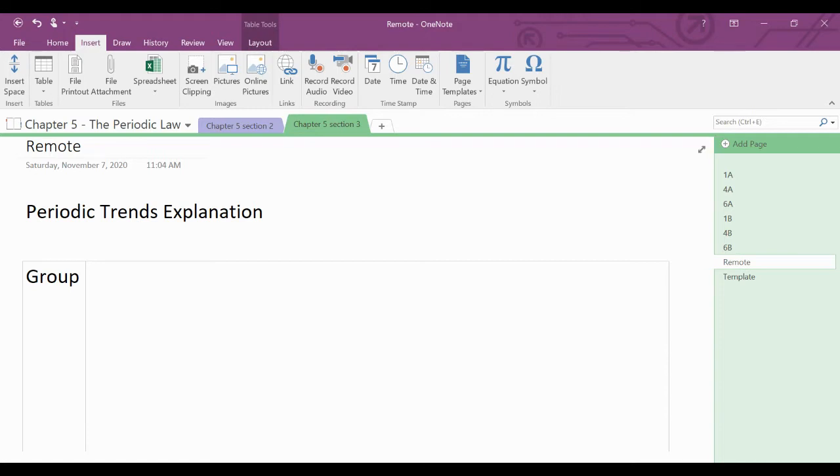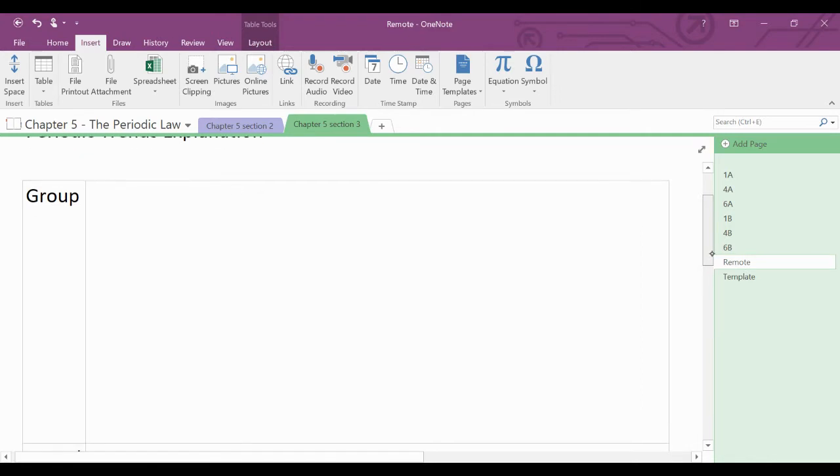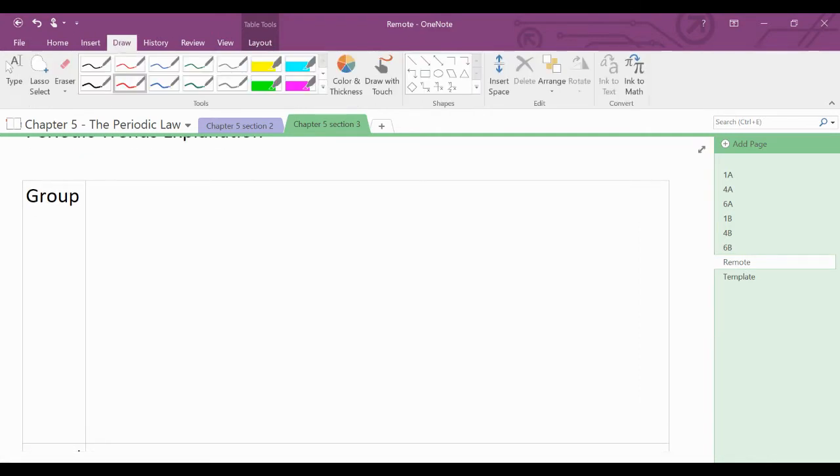All right, so we're going to talk about the explanation for why the trends happen within a group. So just as a reminder, the group is a vertical column on the periodic table. Let's look at it in terms of going down a group.